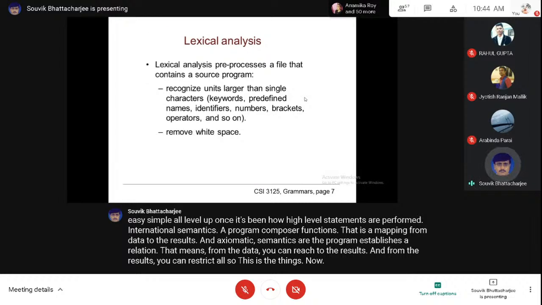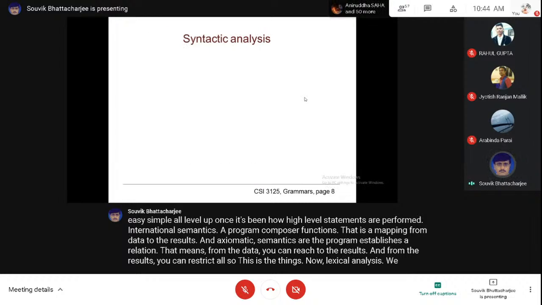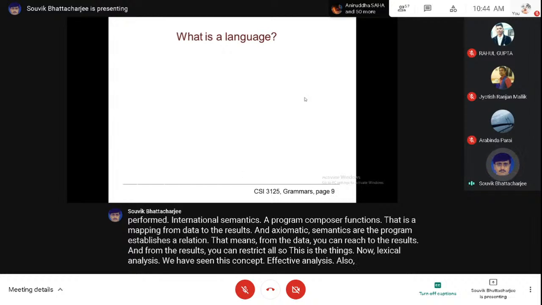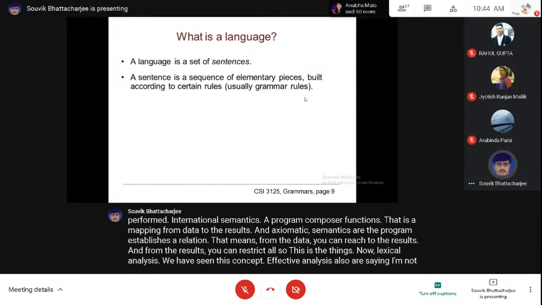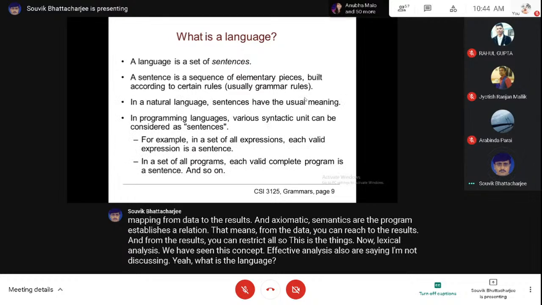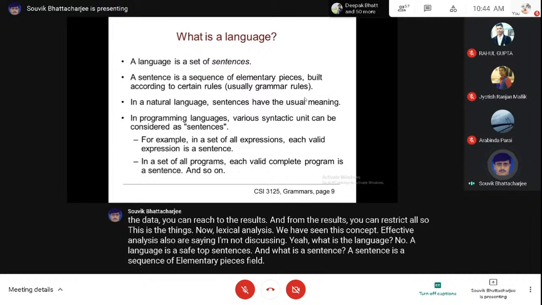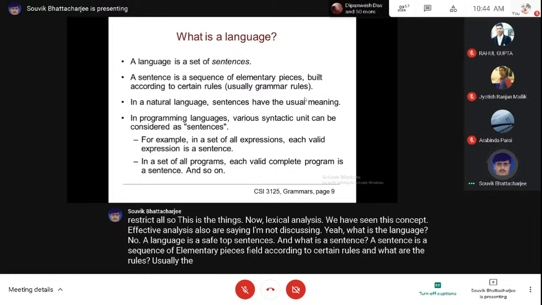Now, lexical analysis, we have seen this concept. Syntactic analysis also I have seen, so I'm not discussing it. What is a language? A language is a set of sentences. And what is a sentence? A sentence is a sequence of elementary pieces built according to certain rules. And what are the rules? Usually the grammar rules.